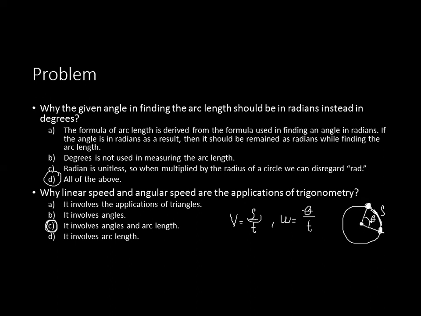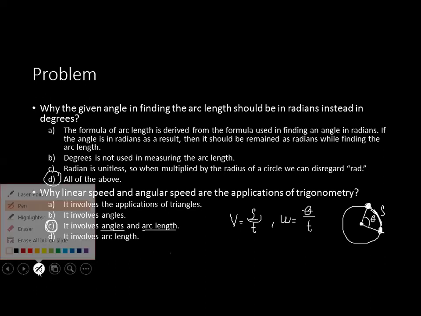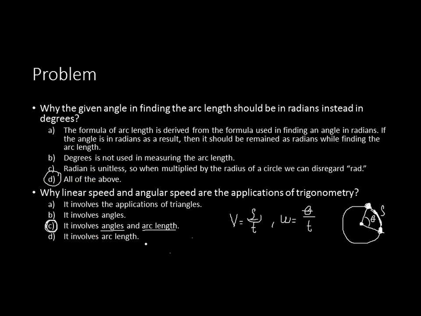And that angle, if you want to find the speed of how the angle was formed from this point up to this point, you will use angular speed to know how fast it forms, right? So to answer that question, it involves angles and arc length. Okay? So yeah, that's it. All right? So now let's proceed to the next question.